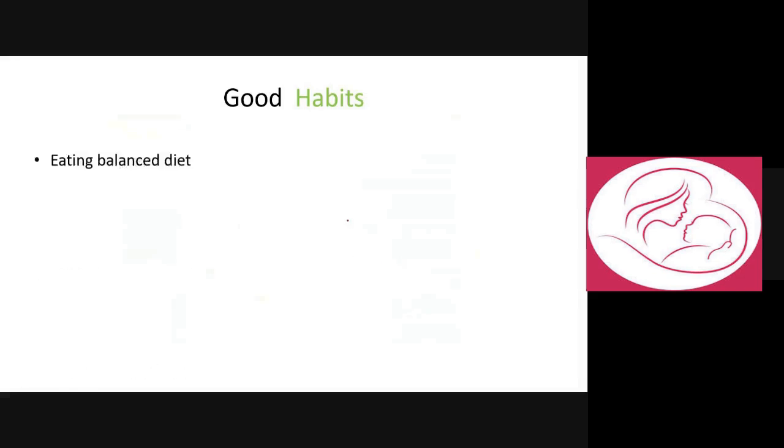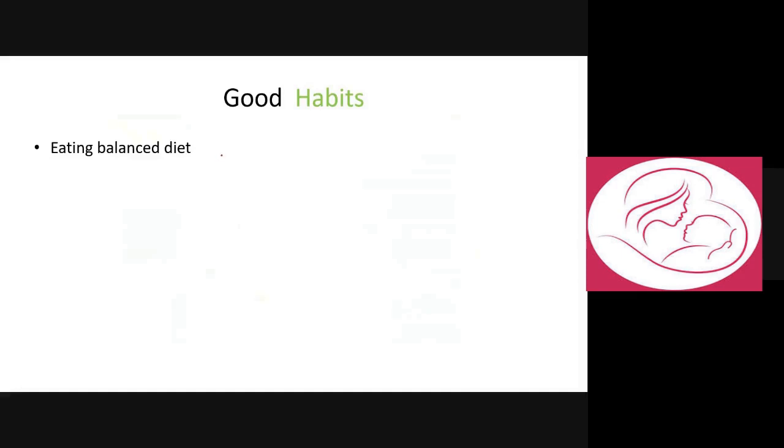Always try to eat a balanced and healthy diet. When I say balanced diet, it should have a good composition of vegetables and a good composition of non-vegetarian items, in terms of fish and chicken. Try to avoid red meats, try to avoid canned food and so on.